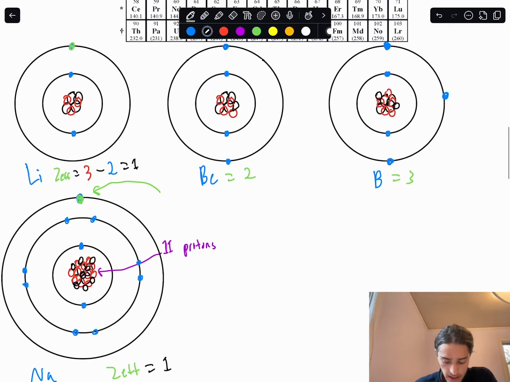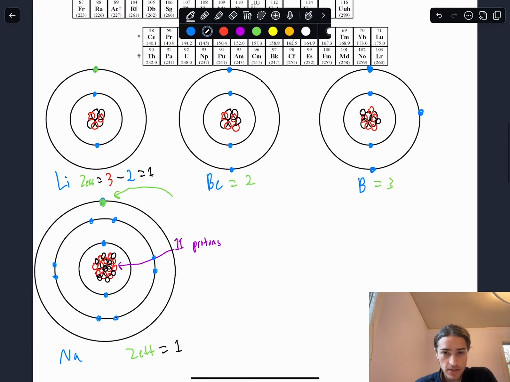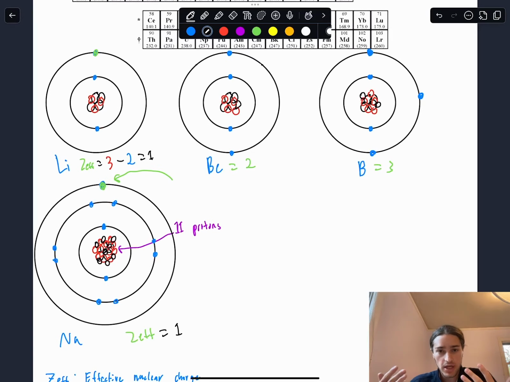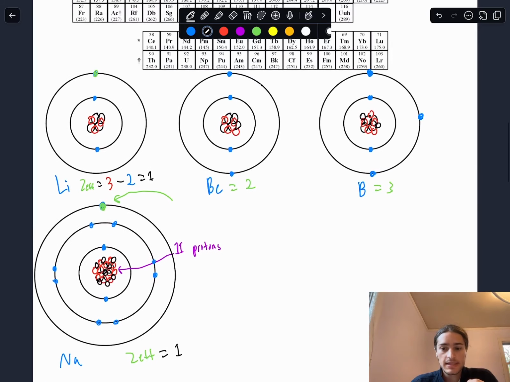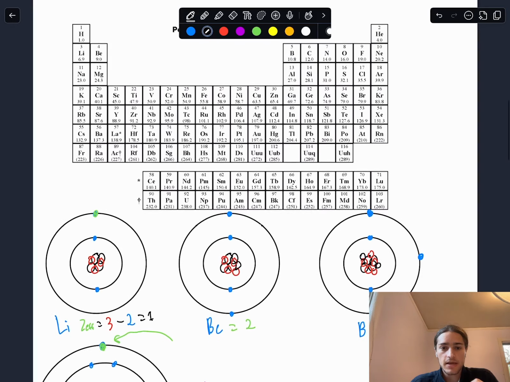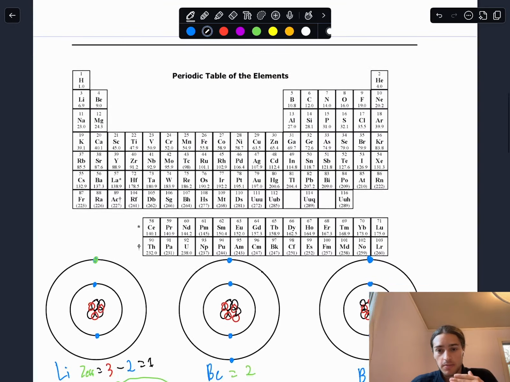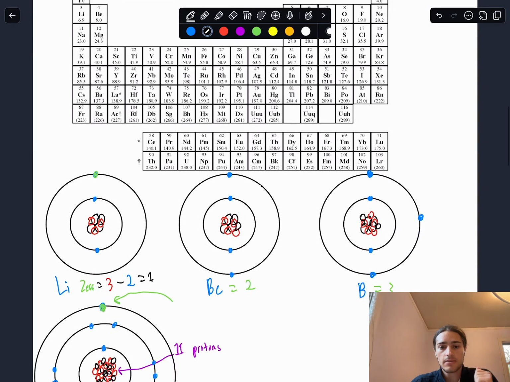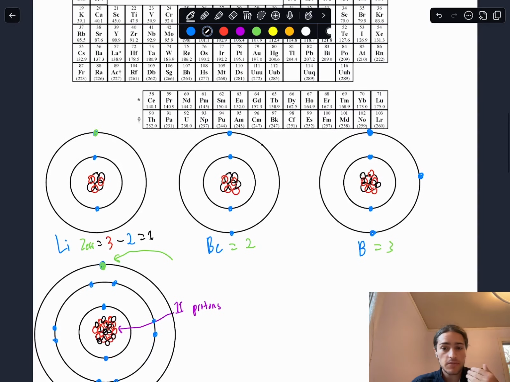Okay, so now we can see the trend, right? If we were to generalize this, we can see that as we move to the right on the periodic table, our Z effective gets larger. And as we move down, it appears to be the same.